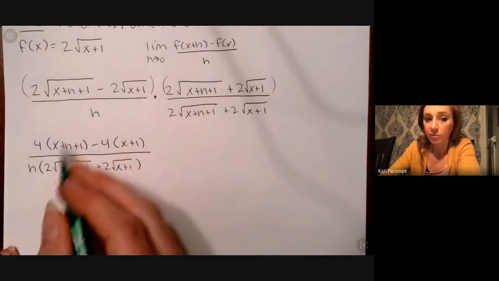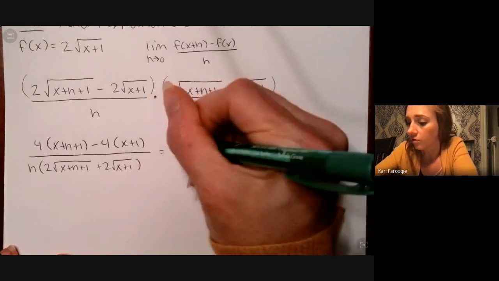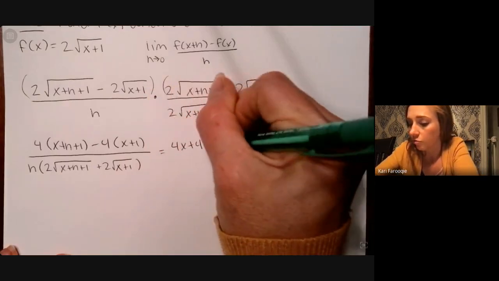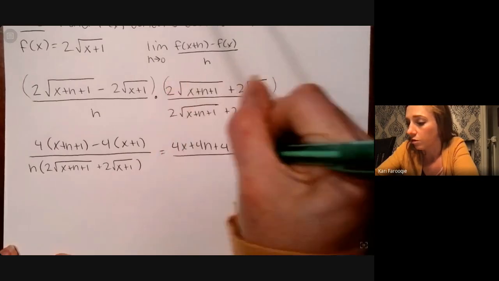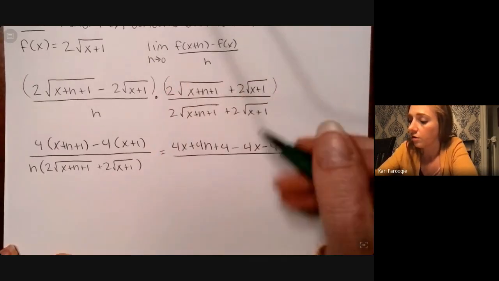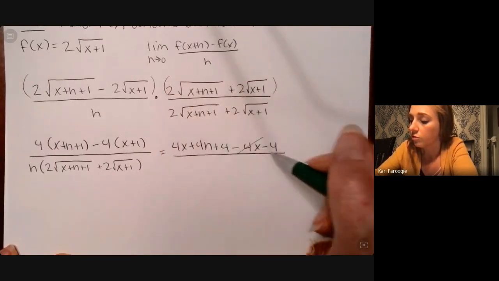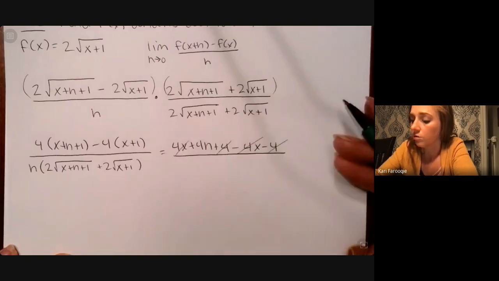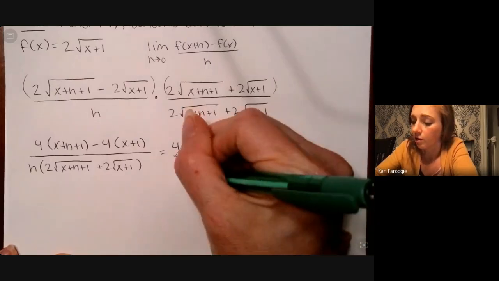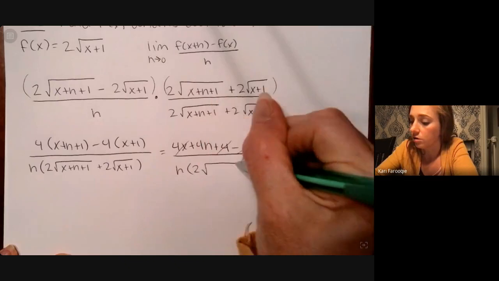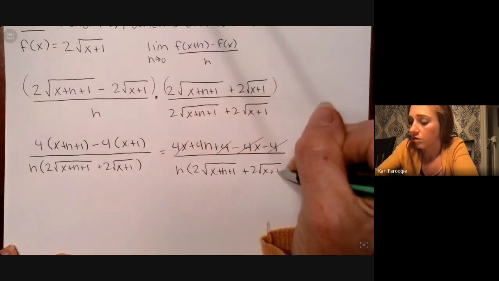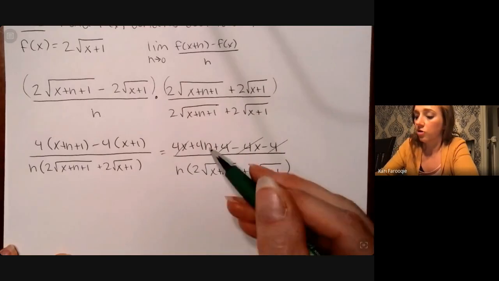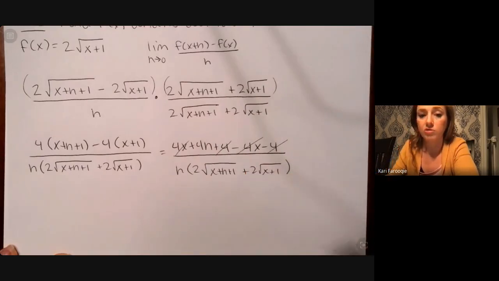We're probably going to get some stuff to cancel out here, so let's go ahead and simplify the numerator: 4x plus 4h plus 4 minus 4x minus 4. Now we can see it's a really good thing that we left the denominator factored, because now we can see that we have an h that will cancel between the numerator and denominator.